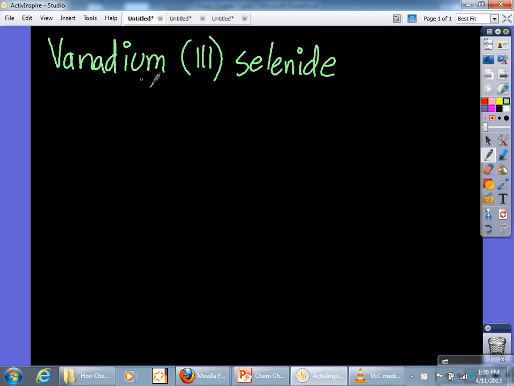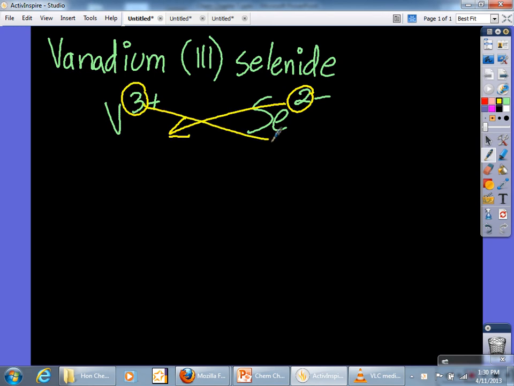So vanadium, we know, is a 3+ charge. Selenide is Se, right? Yeah, 2 negative. It's always 2 negative. So if you just cross the numbers again, you get V2Se3. Okay, so I'm thinking we have to make it neutral.